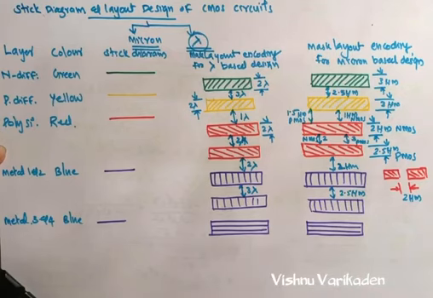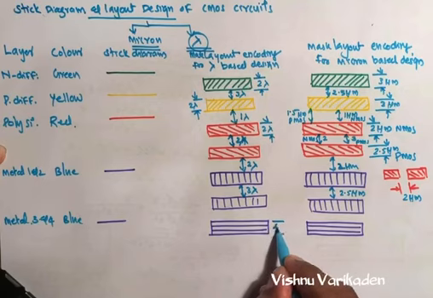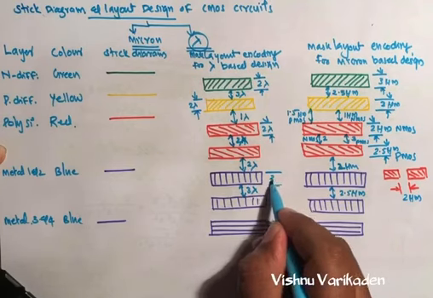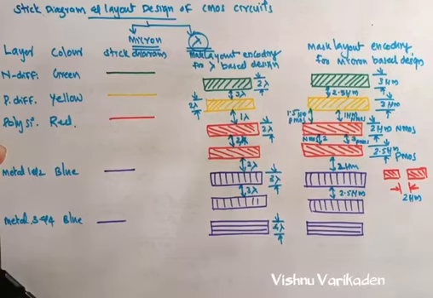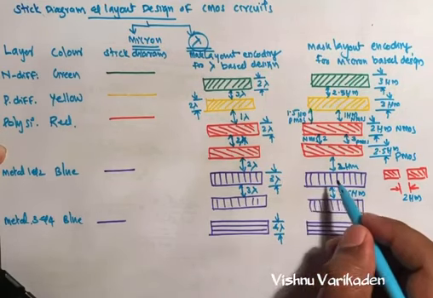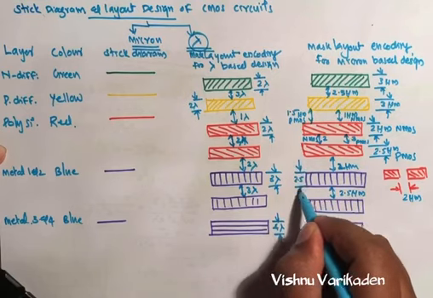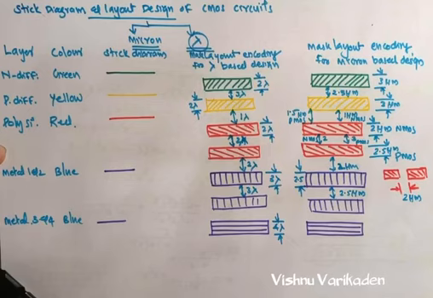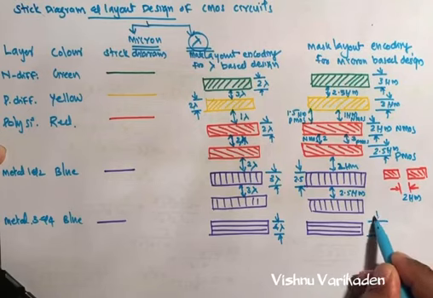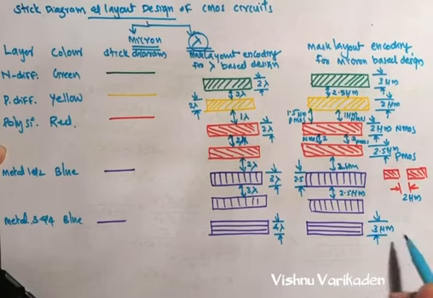Also this one is 4 lambda, this one is 4 greater, this one is 3 lambda. Also this one is 2.5 micrometer. So this one is 4 lambda, this is 3 micrometer.